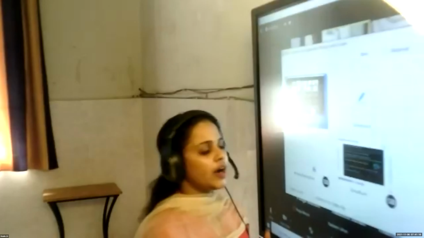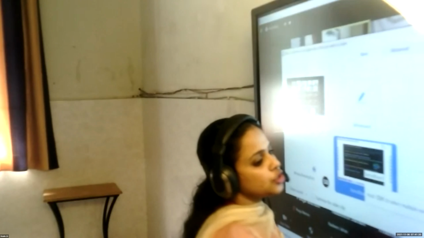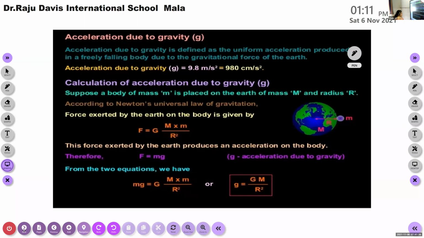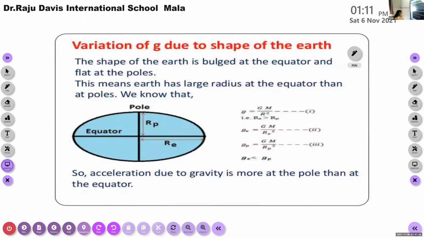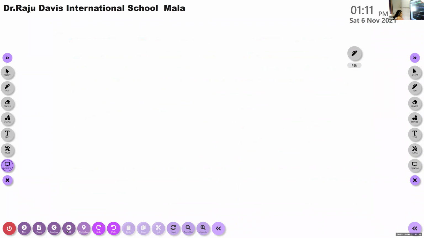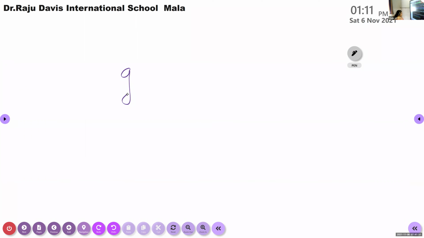Okay. And what about the value of acceleration due to gravity on different parts of the earth? That is what we are going to discuss today. How the value of acceleration due to gravity varies depending upon the radius. We know that acceleration due to gravity g is equal to capital G, capital M divided by r square.